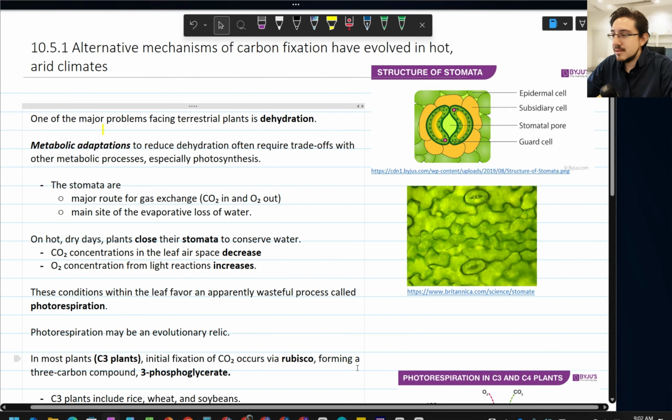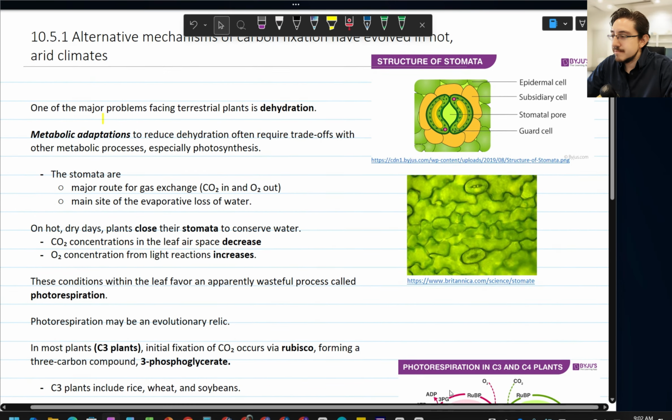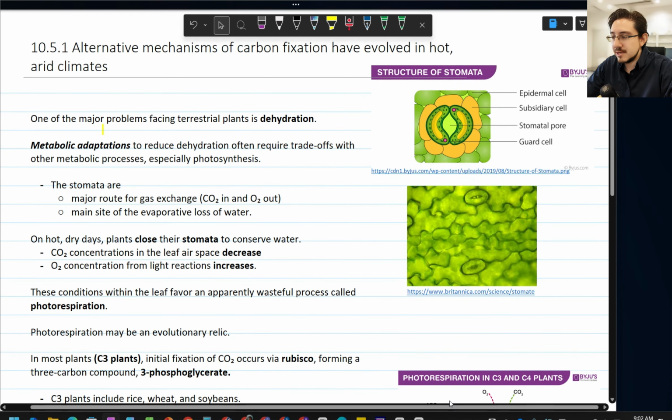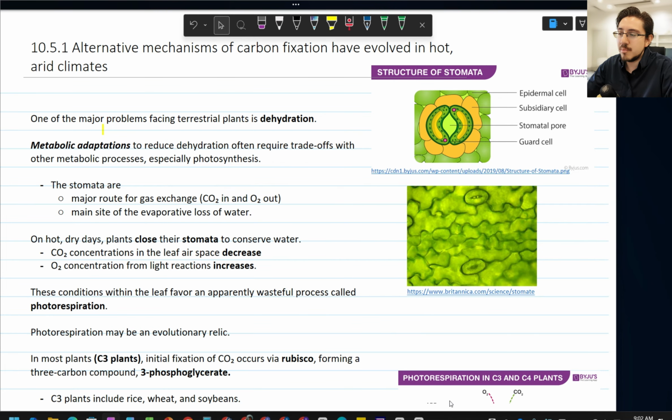As we see in the pictures and images here, the adaptations and mechanisms that we're going to talk about involve the stomata and gas exchange. That's the primary thing we're going to focus on.